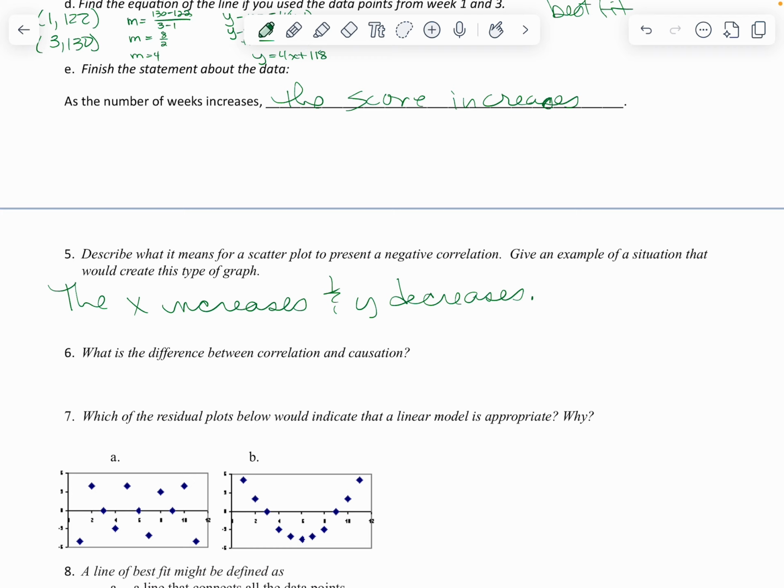We could do, let's see, x is the minutes leaving school.